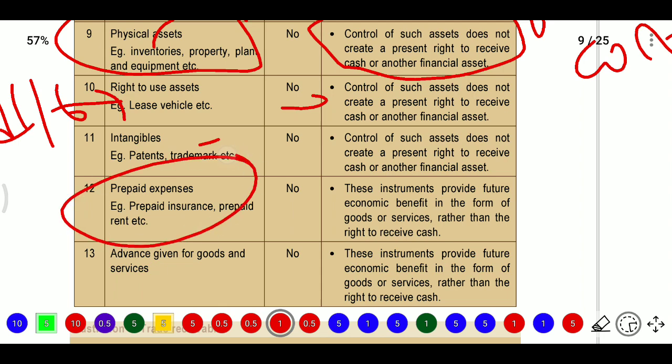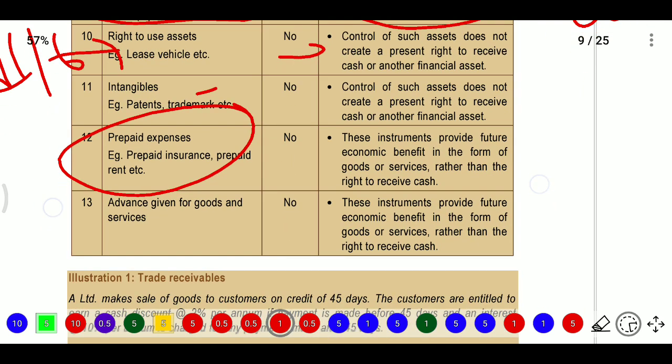Prepaid expenses, such as prepaid insurance or prepaid rent, are assets for future expenditure. We pay now itself for future expenditure, so we will not get any cash here. So it is also not a financial asset. These instruments provide future economic benefit in the form of goods or services rather than a right to receive cash. If you paid some prepaid expenses, or some amount to your creditors, you will get the goods.